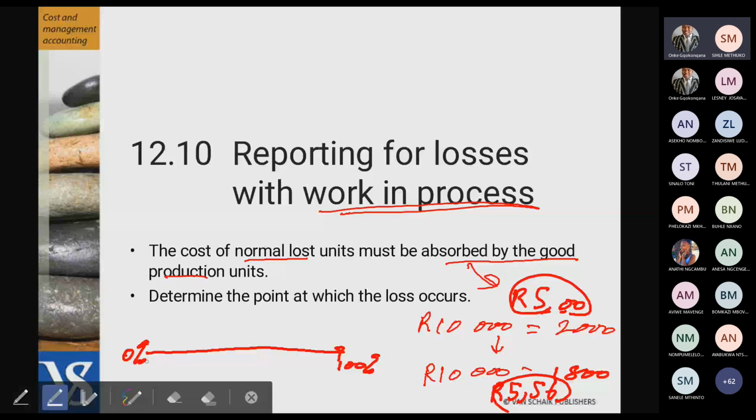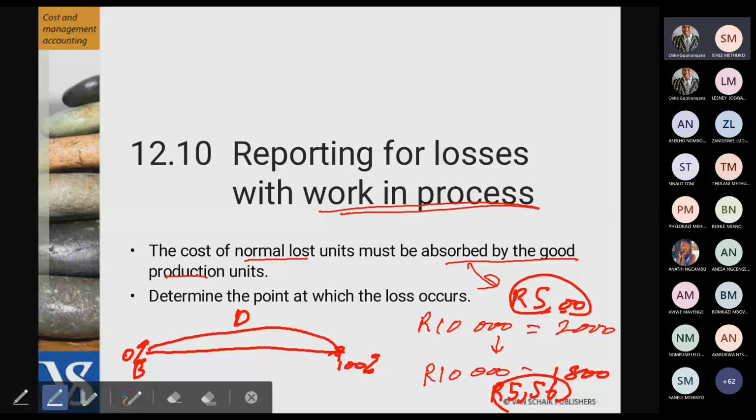So we've got this stage at 0%, and we said that stage is at the beginning of our production process. Then you've got 1% up until 99%, and at this stage we give it another name and say that is during the production process. And if the loss is inspected at 100%, so when we completed our production, then we say our loss is inspected at the end of the production process.